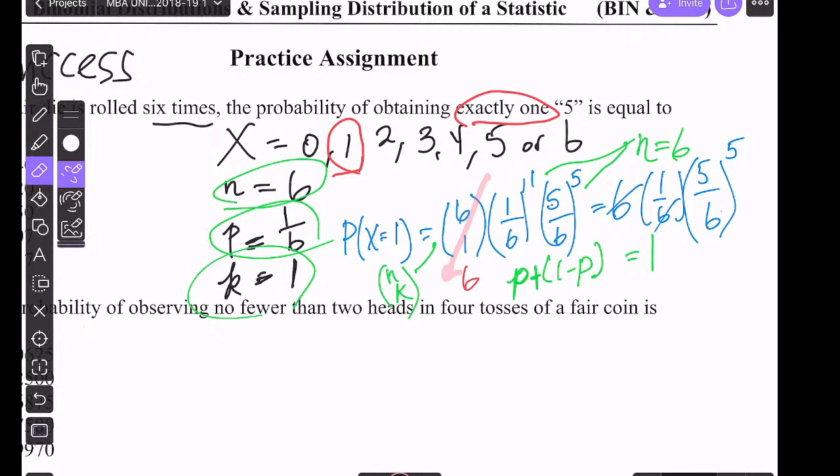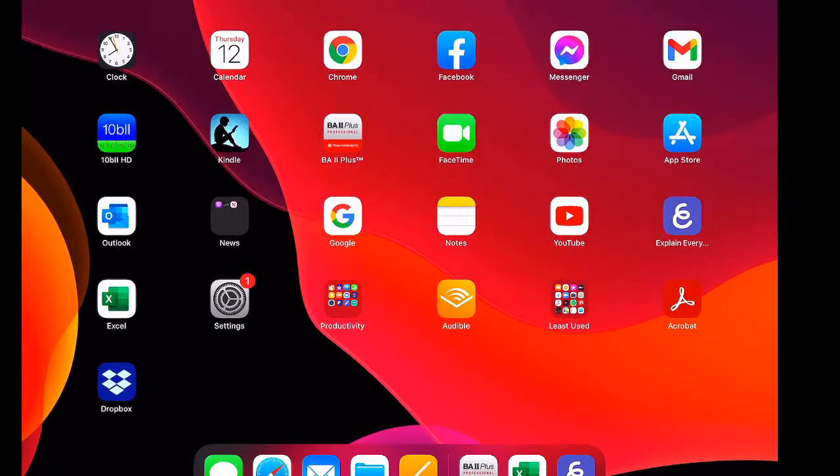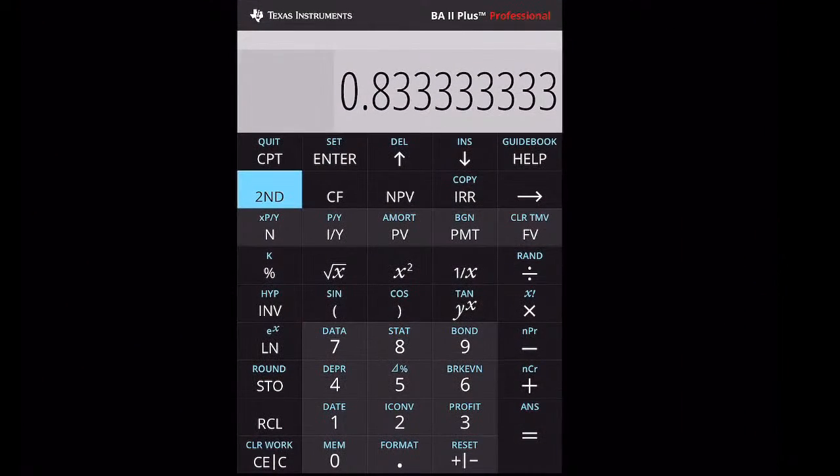I'll clean up all this around. So then when you punch that in, 5 divided by 6 to the power of 5, it's 0.40. But I should keep 4 decimal places, I should get in that habit. I told you, right?